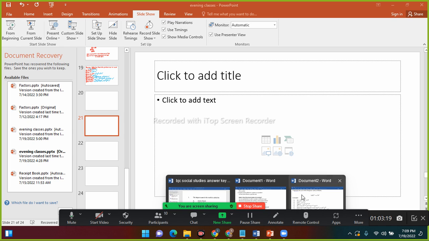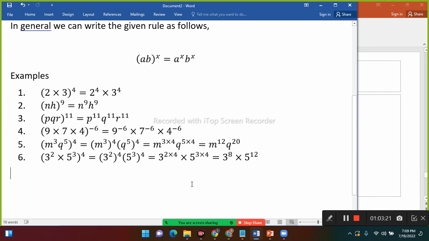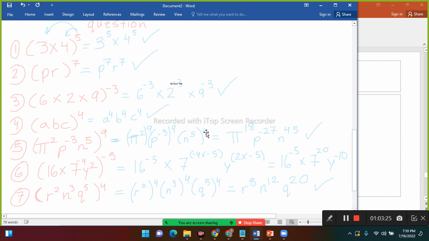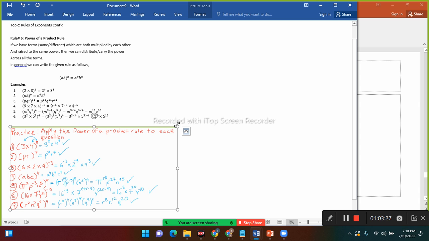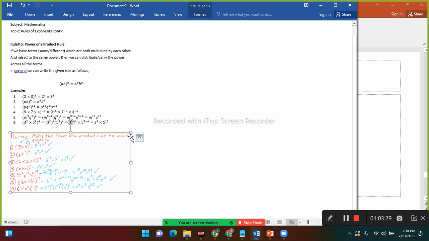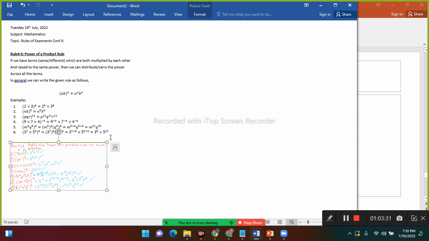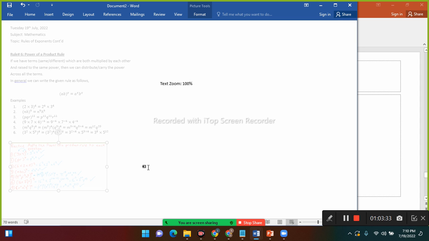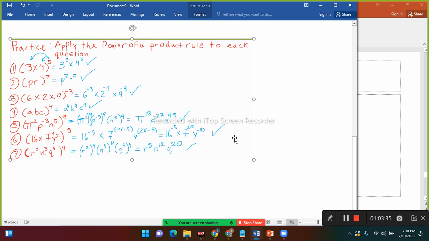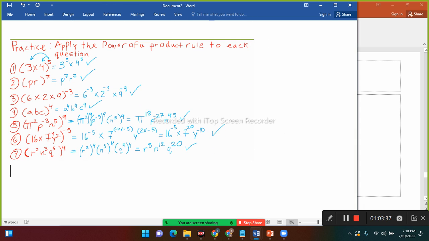So now we're going to look at the power of a fraction rule, rule number 7. The rules do have an end, just in case you're wondering what the last rule will be.